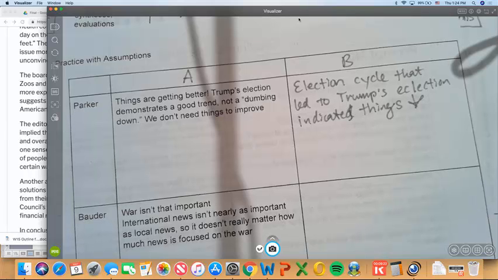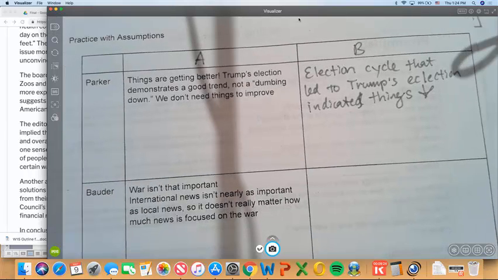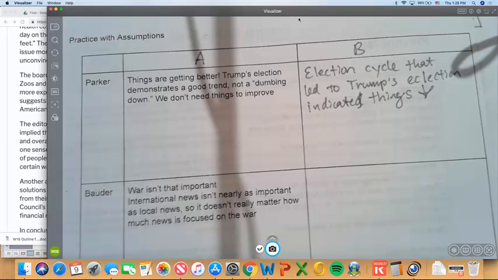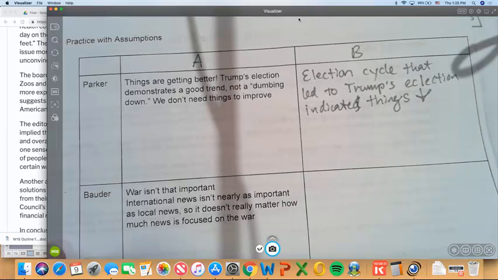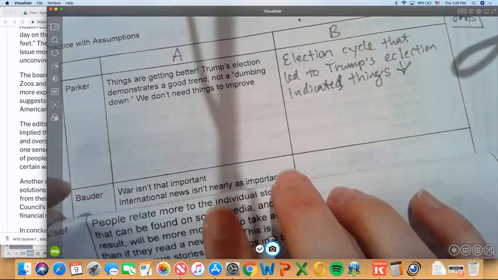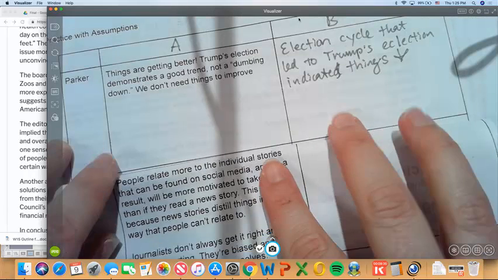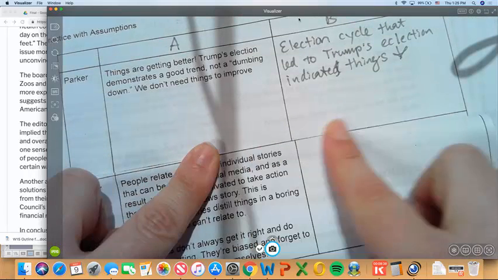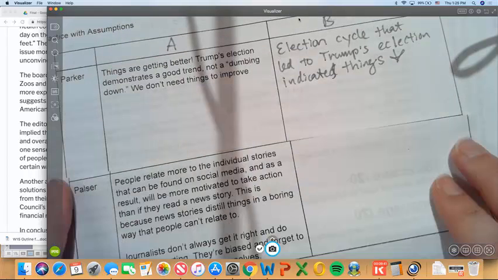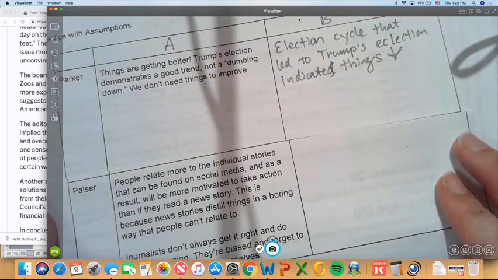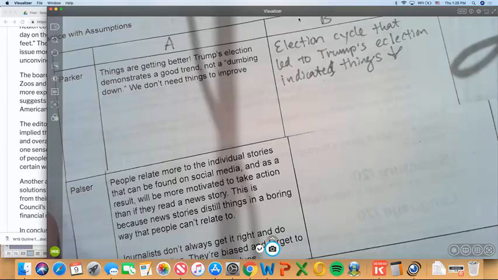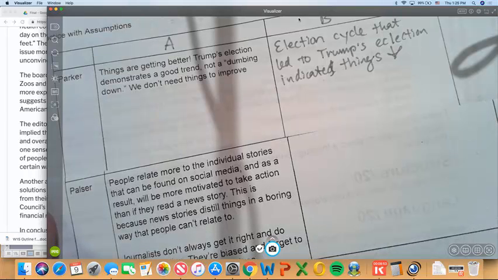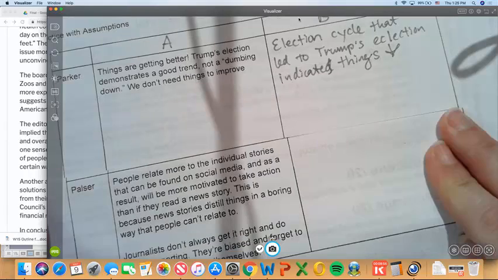And then we've got the bottom article, which is by Pulsar. Pulsar was talking about how social media was being used a lot after the earthquake in Haiti, and that it was still much more important to have journalists reading, understanding and interpreting the news.